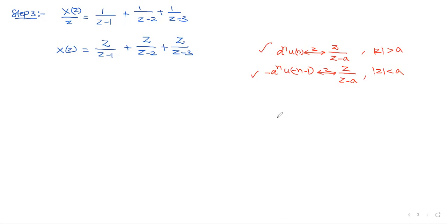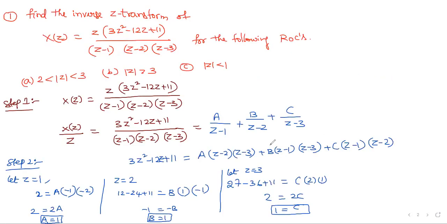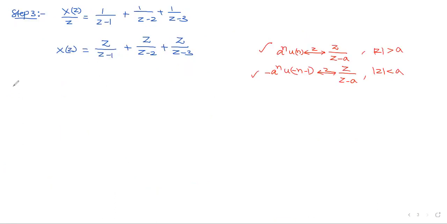Now here, what is the first question they give? First the ROC given is 2 less than mod Z less than 3. You write individually mod Z. From this, you can see that mod Z is greater than 2.